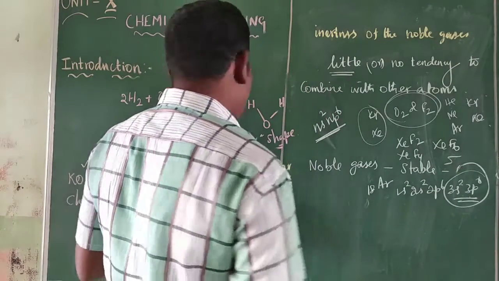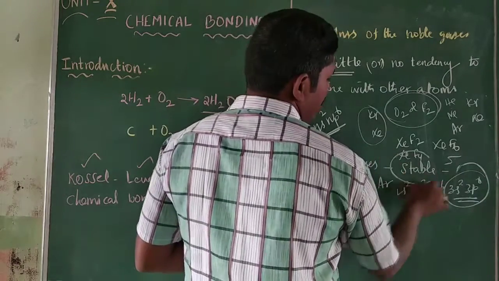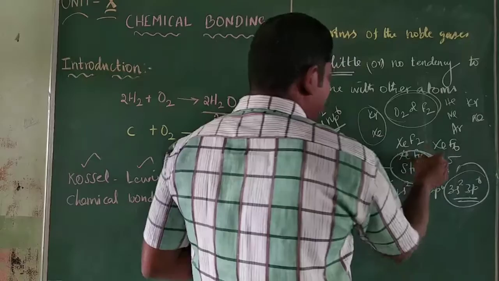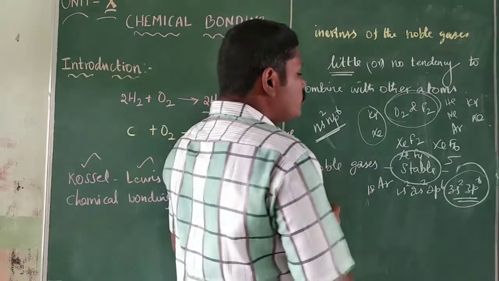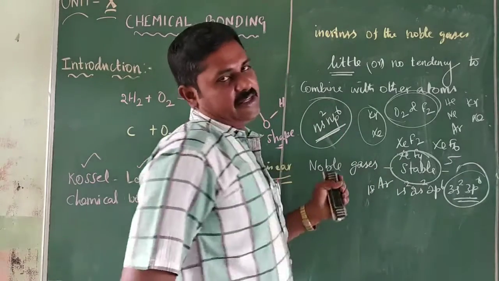So Kossel and Lewis proposed that noble gases are stable due to the outermost completely filled electronic configuration.